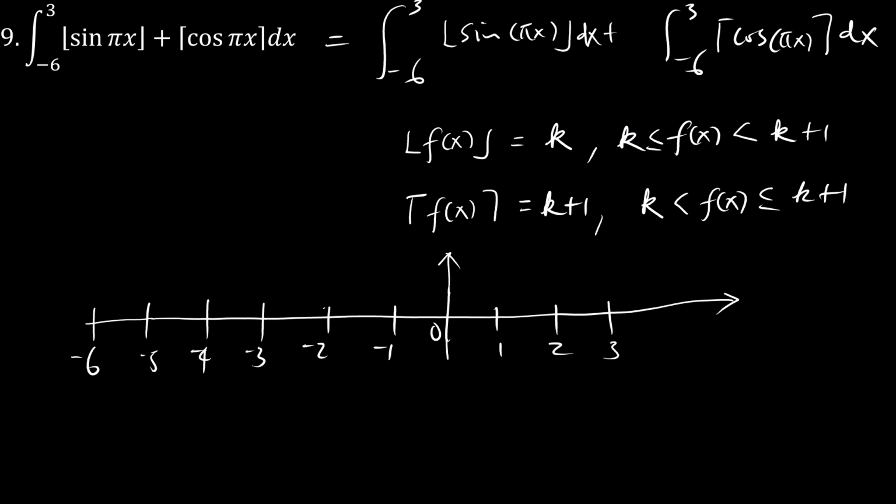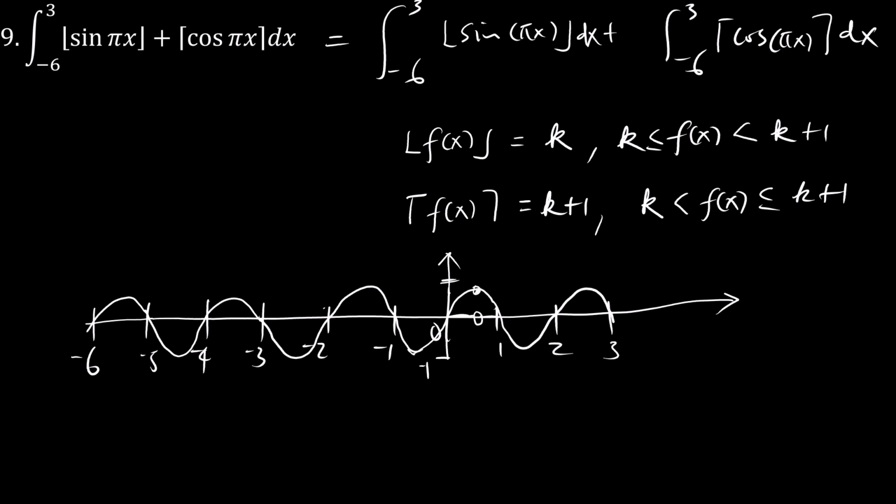So sine of pi x is going to be, okay, and if this is +1, this is -1, that means that in the interval 0 to 1, since it's only 1, sine pi x is only 1 at this point here, everything is 0 until this part, and then it goes back to 0.